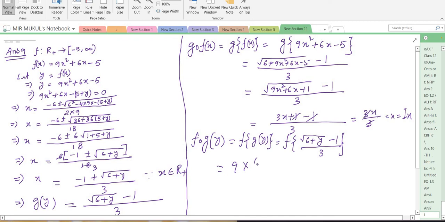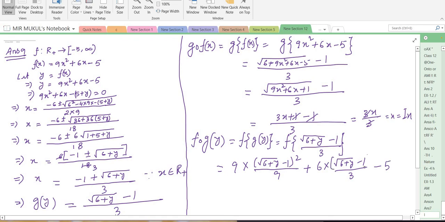It will be (root over 6 plus y minus 1) whole square, divided by 3 square, which is 9. Then plus 6 into (root over 6 plus y minus 1) upon 3, minus 5.